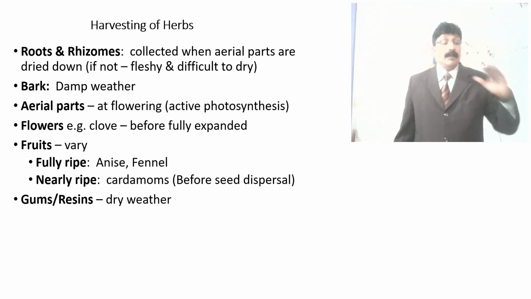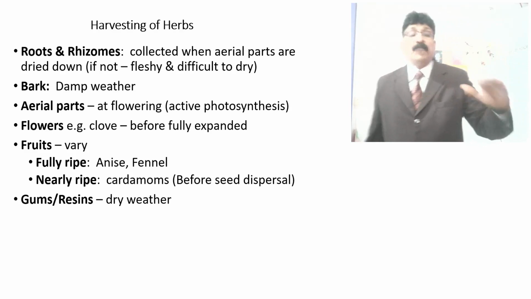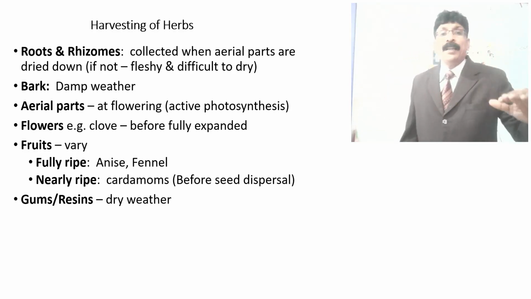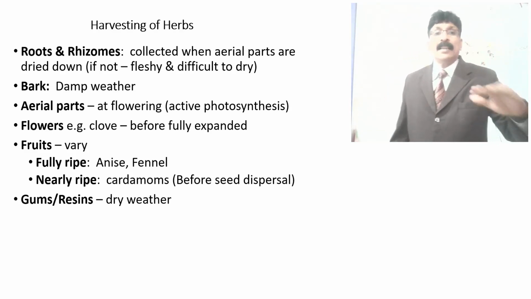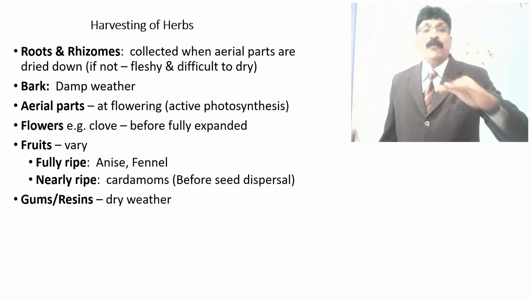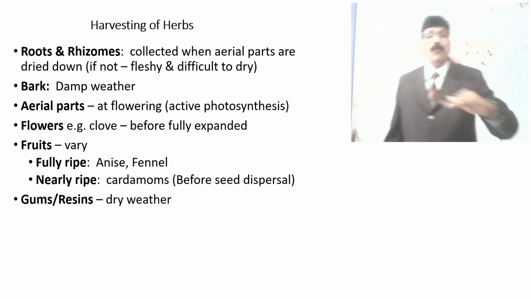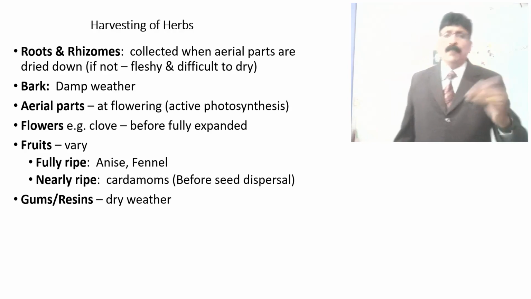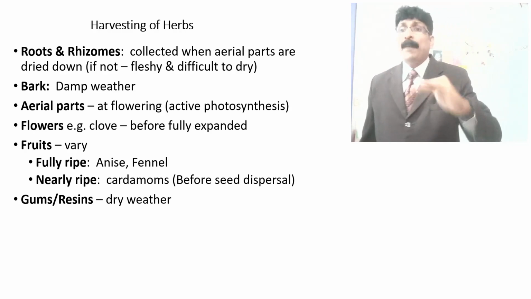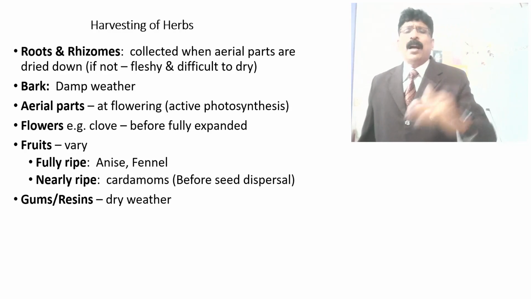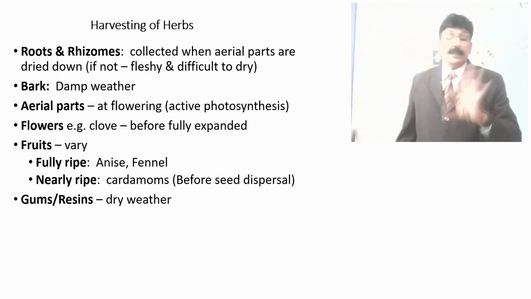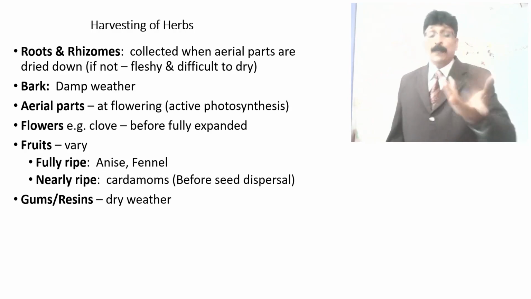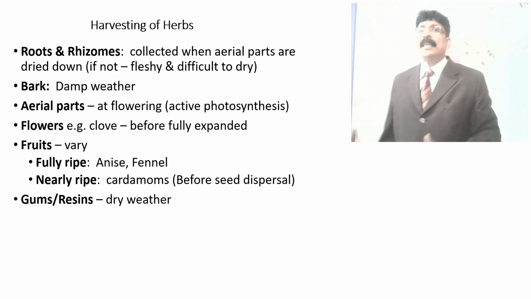When you come to bark, damp weather; aerial parts at flowering, that is active photosynthesis; and flowers like clove before fully expanded. Fruits vary, some fully ripe like anise and fennel, nearly ripe like cardamom, before the seeds should be dispersed, dispersal stage; gums and resin in dry weather.